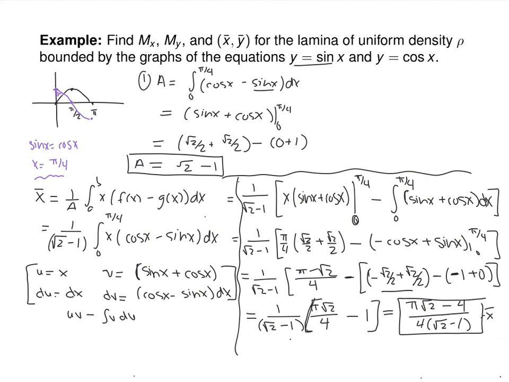Now, y bar actually, like the last one, isn't quite as bad. So recall the formula for y bar is 1 over 2 times 1 over a, integral from a to b, f of x squared minus g of x squared dx.